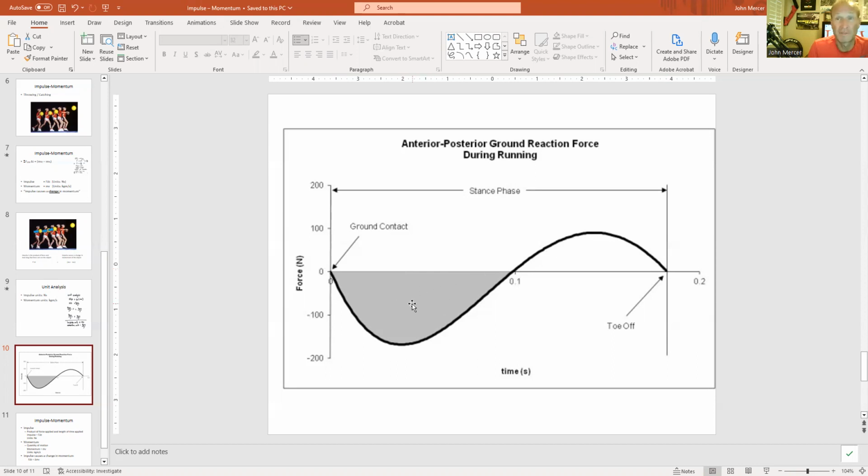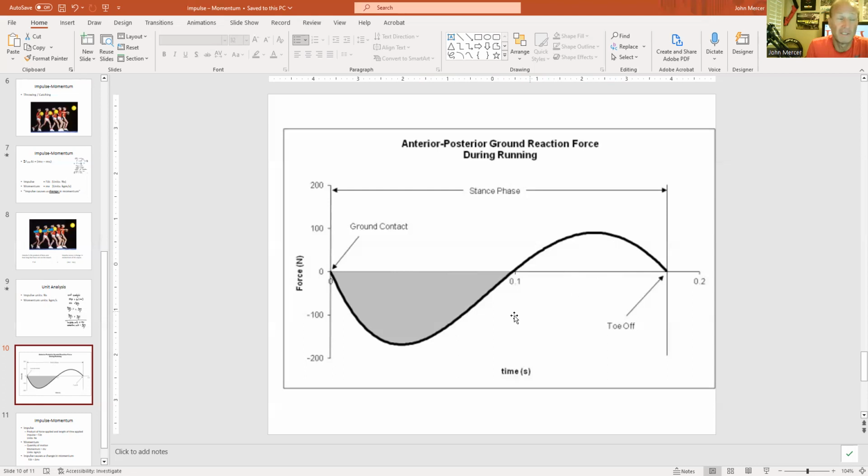And you can pick that up simply by looking at the relationship between the area under the curve here versus this area right here. Now, when we do a research project and we ask the person to run with constant velocity, you would think that this would be a zero graph, but that's not the case. Every time you strike the ground, you will always have some braking forces and some propulsion force during the stance phase of gait.